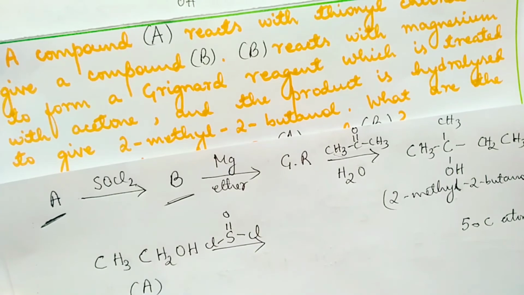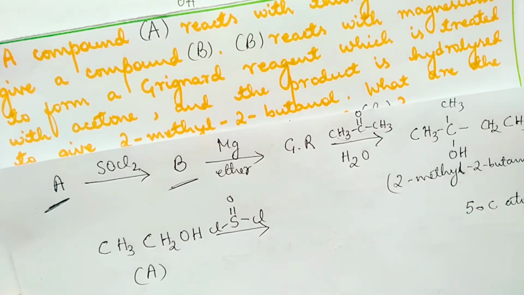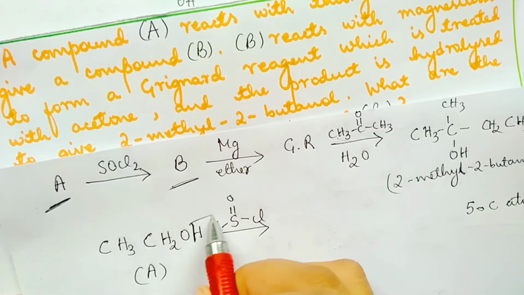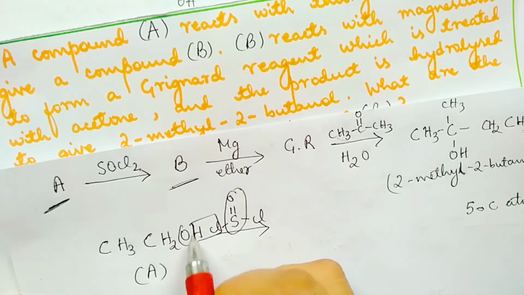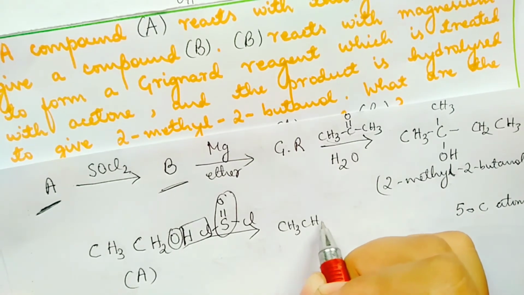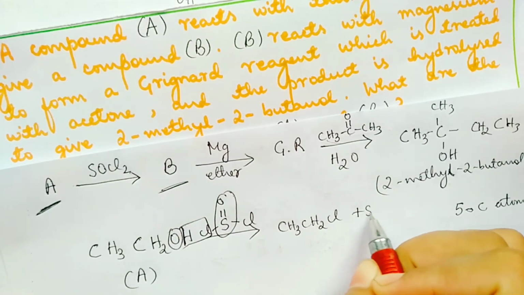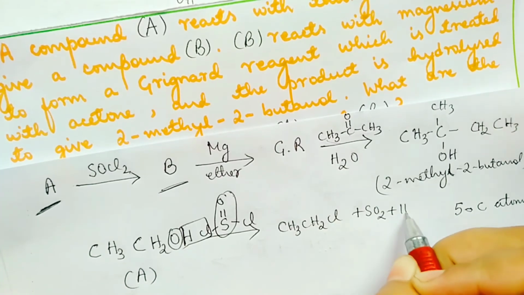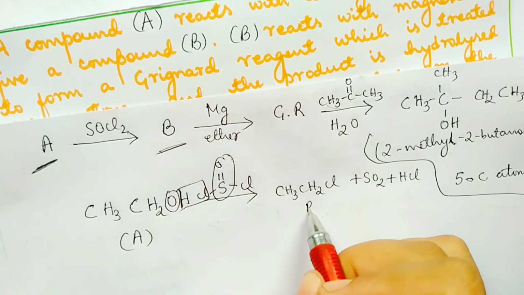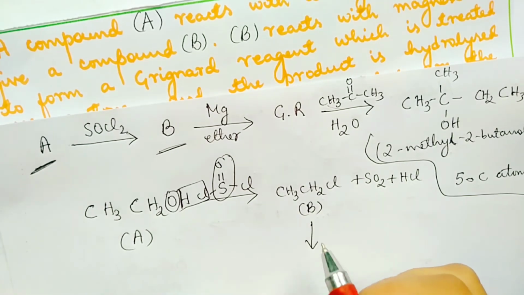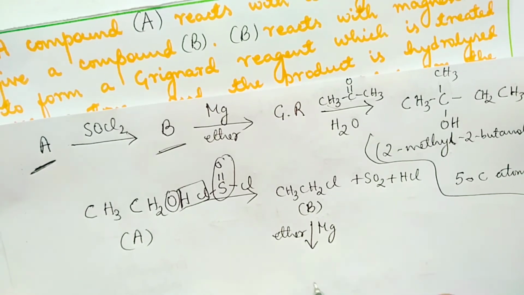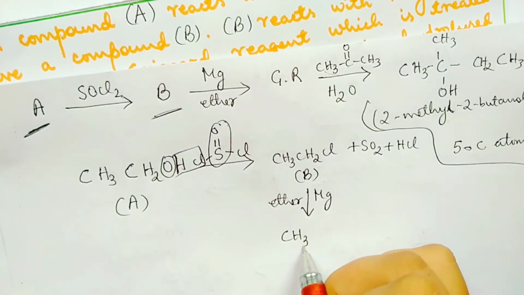We want to know what is our compound B. So from here you will have HCl, then sulfur dioxide, then ethyl chloride. You get ethyl chloride plus sulfur dioxide plus HCl. Okay, next this is your compound B. Now to this compound B you are adding magnesium. Then you get a Grignard reagent, right?